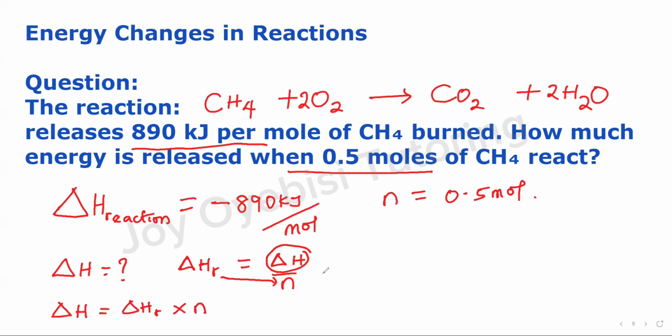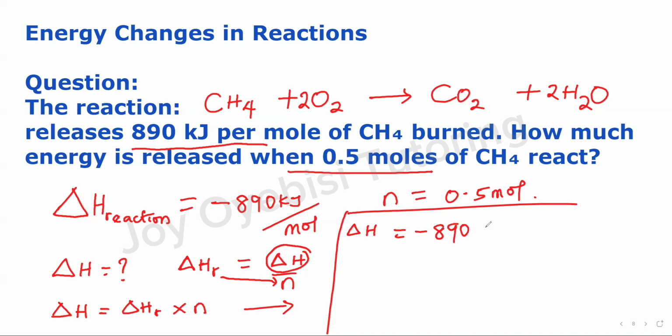So that gives us delta H equals negative 890 kilojoules per mole times the n value, which is the 0.5 mole. These two moles end up cancelling. When the moles cancel, we have our kilojoules.